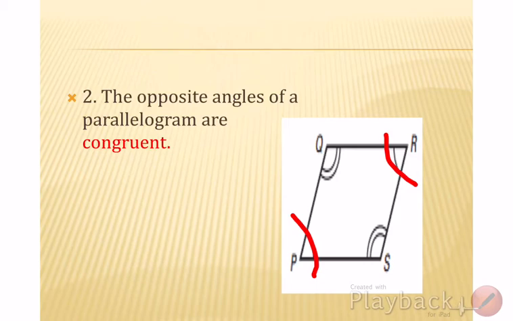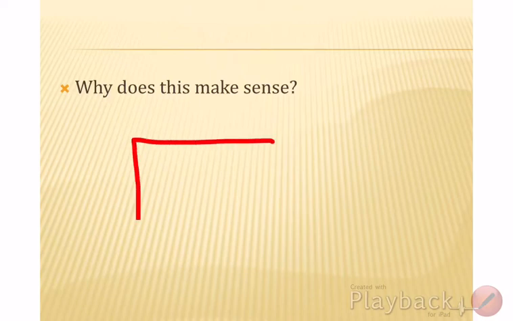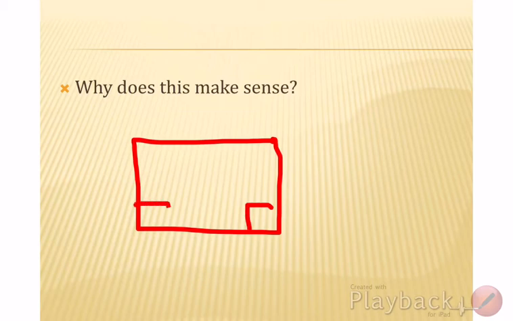But why do you think that really is the case? Well, I have a suggestion. We know that we could have a shape where the angles that are formed are 90 degrees.